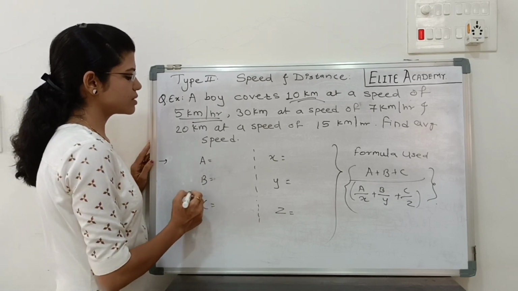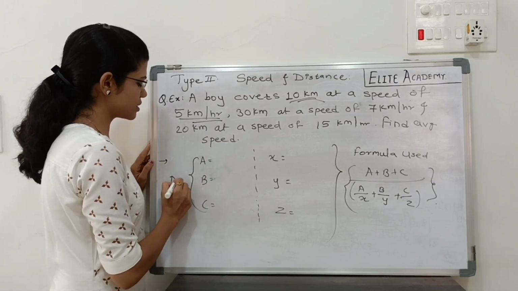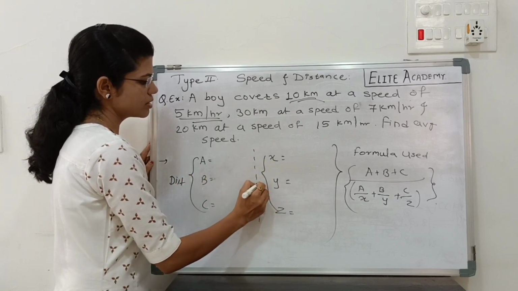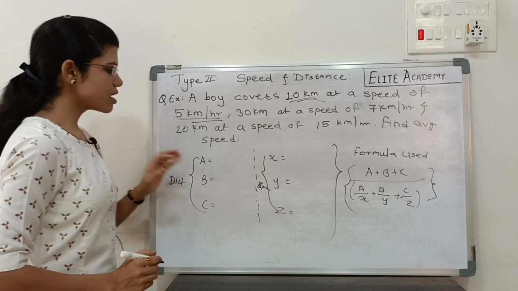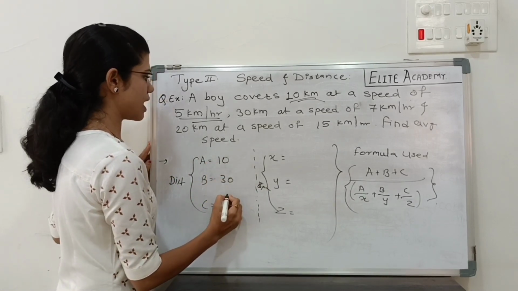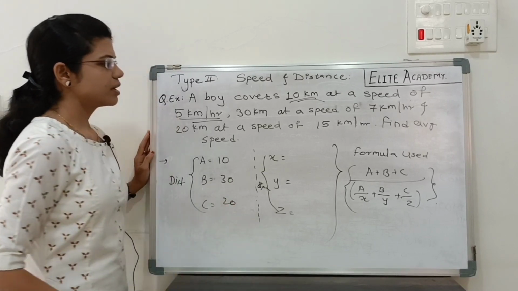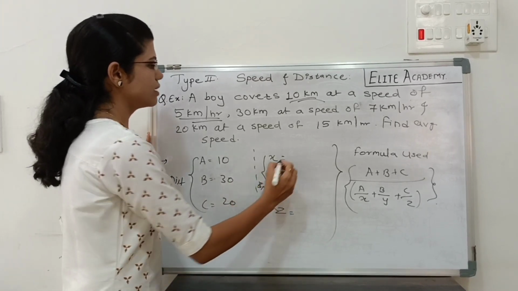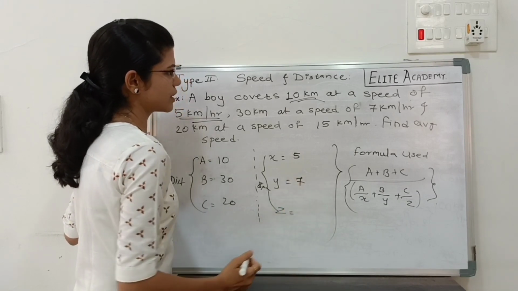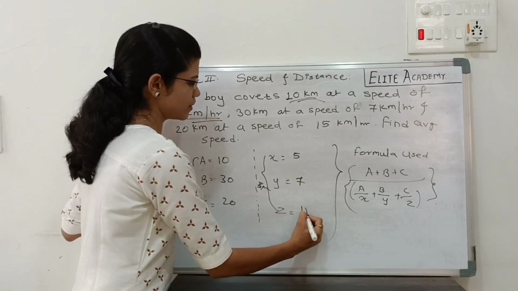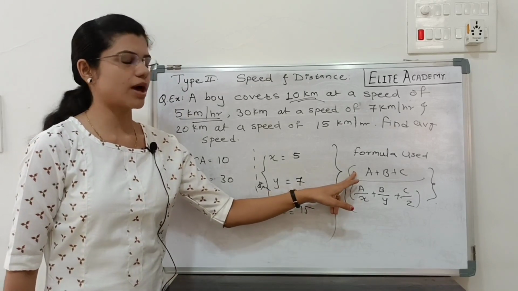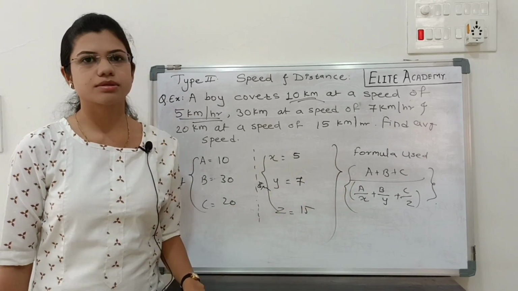Therefore, a, b, c are the distances and x, y, z are the speeds. So a, b, c are 10, 30 and 20 kilometers and x, y, z are 5, 7 and 15 kilometers per hour. After substituting all the values in this formula, we will get the average speed.